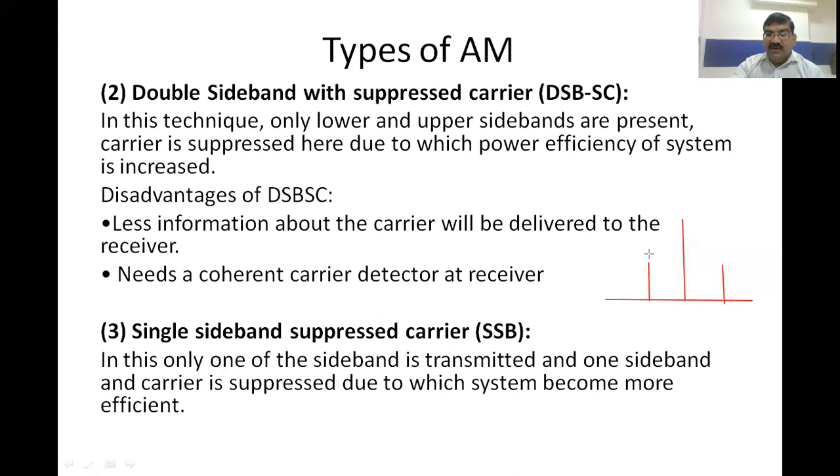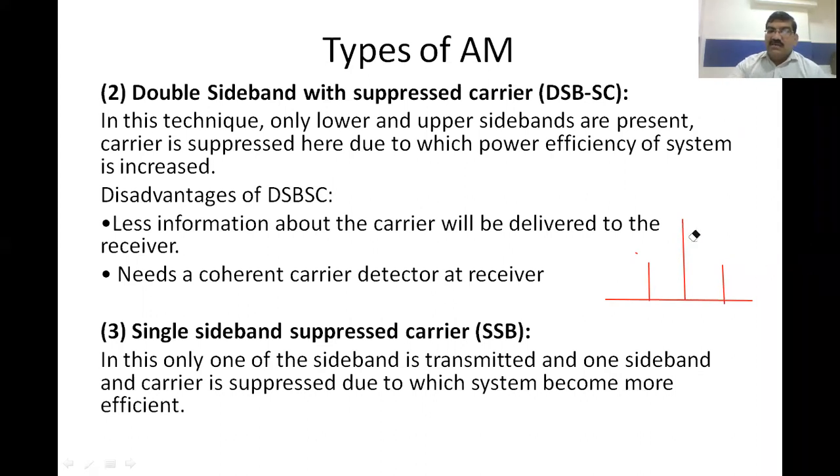You are sending only this sideband, maybe the higher or the lower, any sideband. So in this only one sideband is transmitted, and one sideband and the carrier are suppressed, due to which the system becomes more efficient. That is, the power requirement is less.